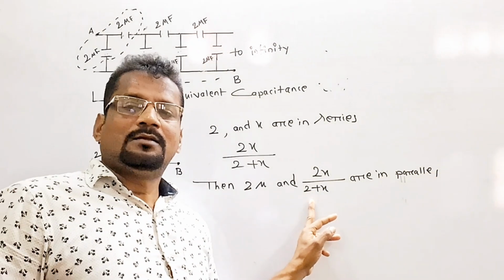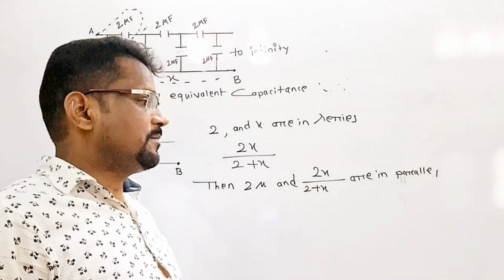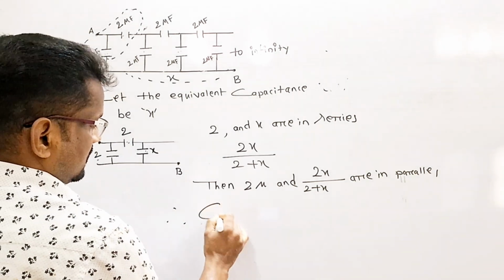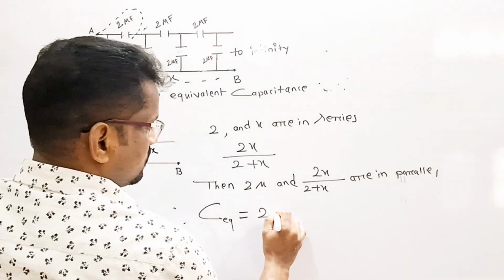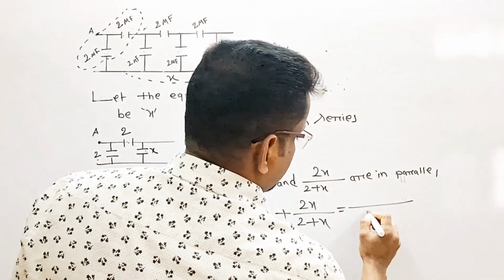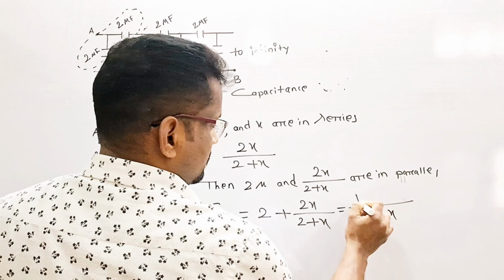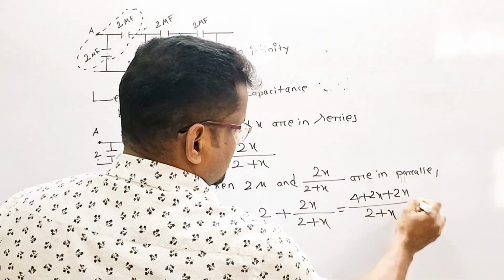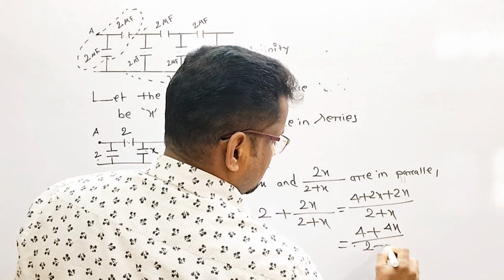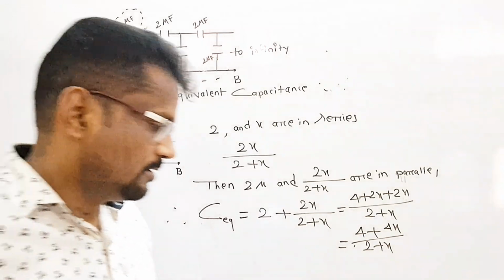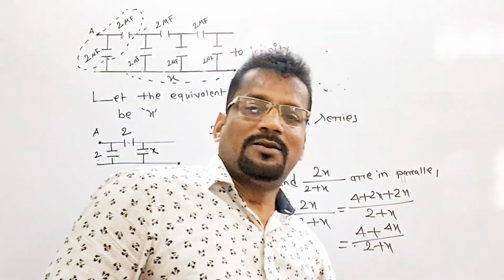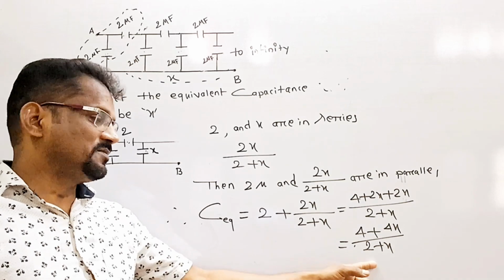As they are in parallel, the total capacitance will be directly the sum of the capacitances. Therefore C equivalent equals 2 plus 2X over 2 plus X. If you simplify this, LCM is 2 plus X, then it is 4 plus 2X plus 2X, which is equal to 4 plus 4X over 2 plus X. This is the equivalent capacitance of the entire circuit, which we assumed as X already. That's why this value must be equal to X.